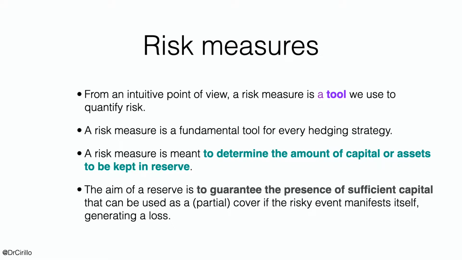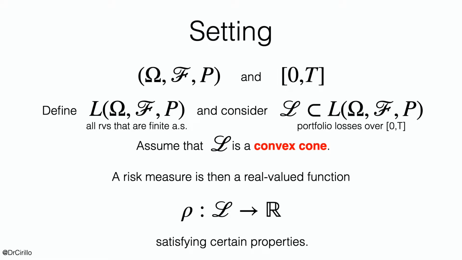Given our probability space omega, F, P, let L of omega, F, P be the space of all the random variables that are almost surely finite. We can then consider a subset L which will represent all the possible portfolio losses over the time horizon 0, capital T. Please notice that when we say losses, we mean losses and profits.